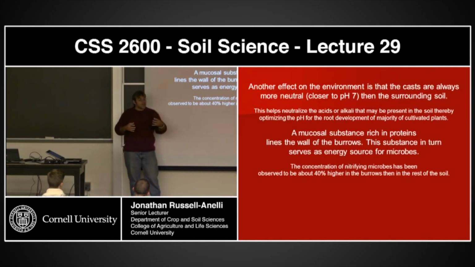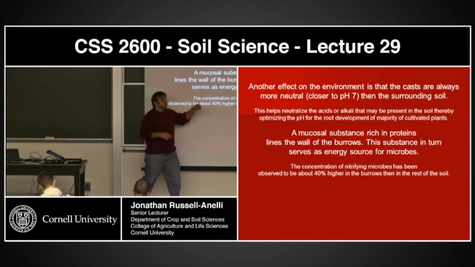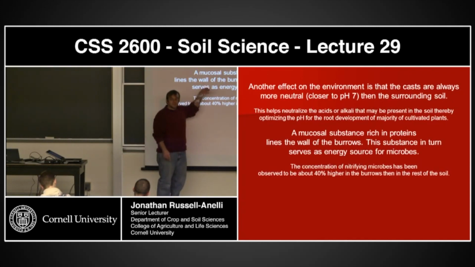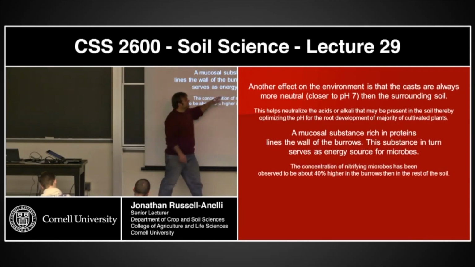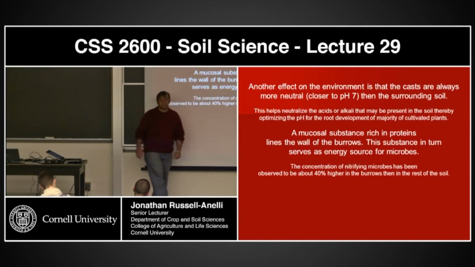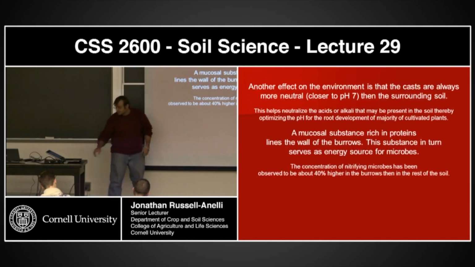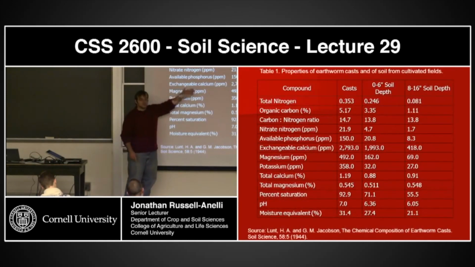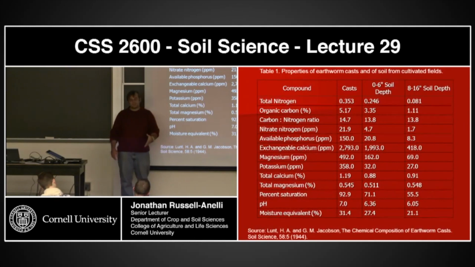So again, the casts and these burrows are basically acting like a rhizosphere. This one organism, in a sense, becomes a keystone organism for a lot of other organisms. This substance, in turn, serves as an energy source for the microbes, and on top of that, these casts have a huge amount of nutrients. This becomes a really important ecosystem, a smaller ecosystem within a larger ecosystem.